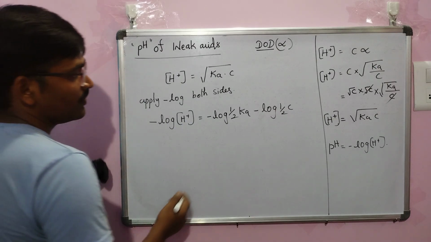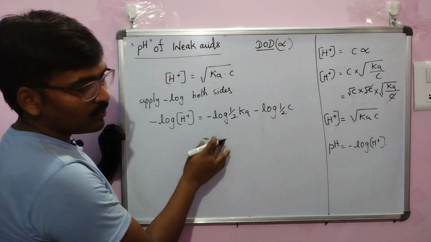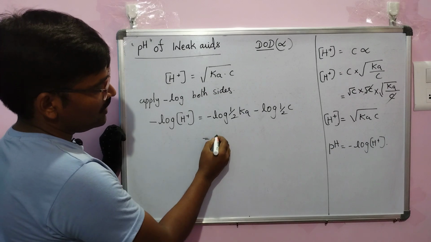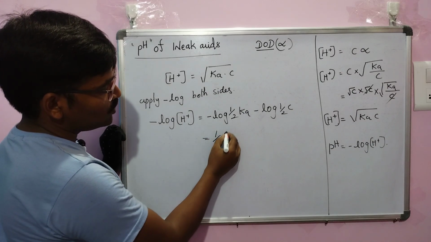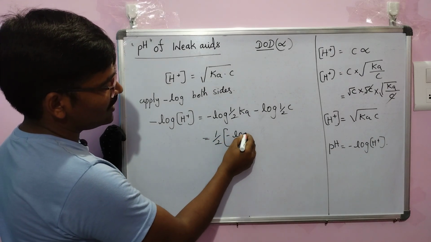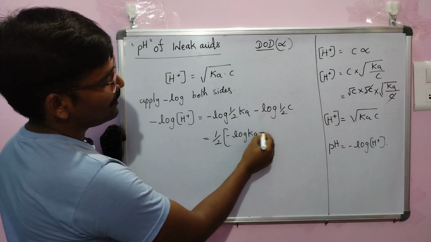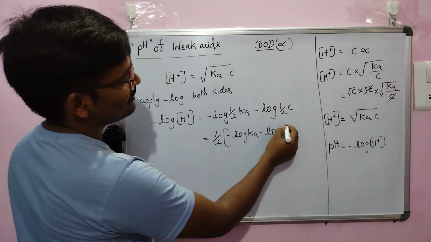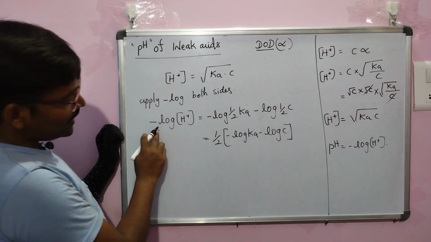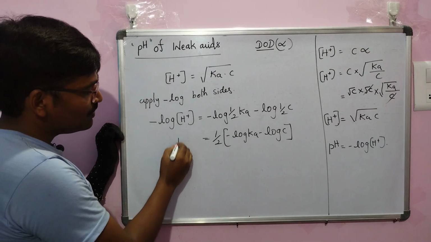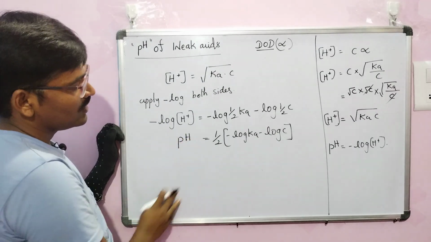Then here, 1 by 2 is common for both. Then we are taking 1 by 2 of minus log Ka minus log C. So minus log H plus ion concentration is what? pH, right?